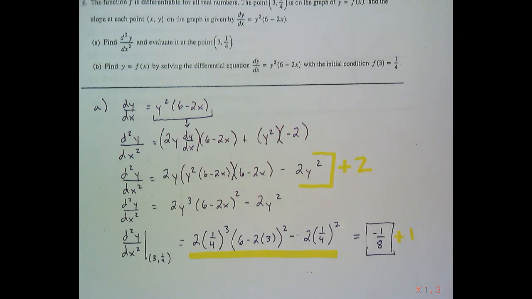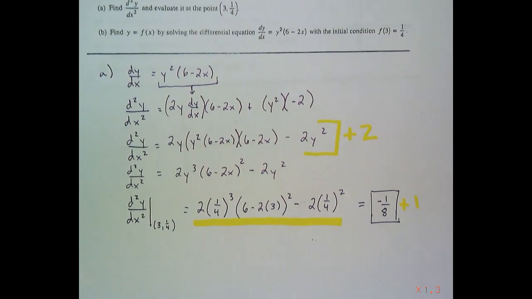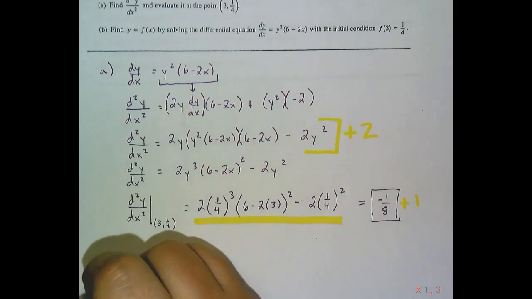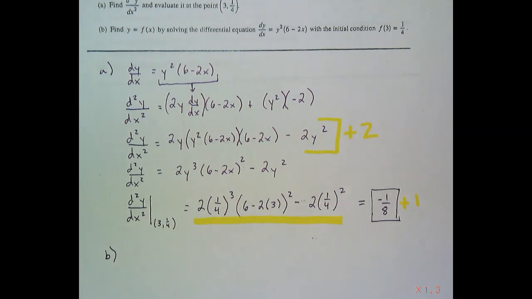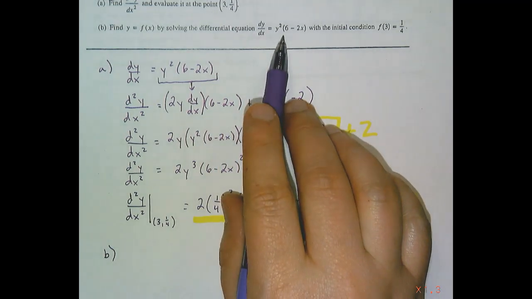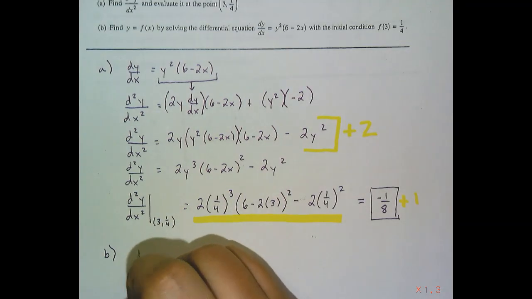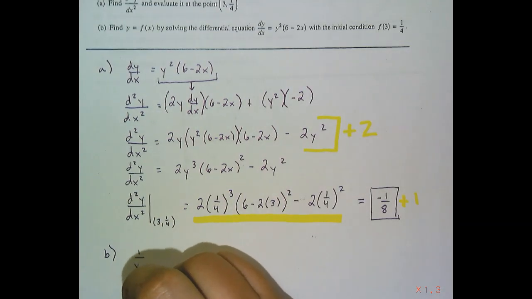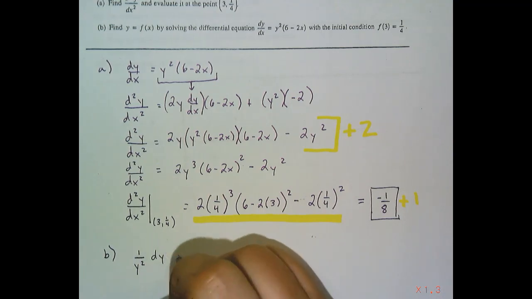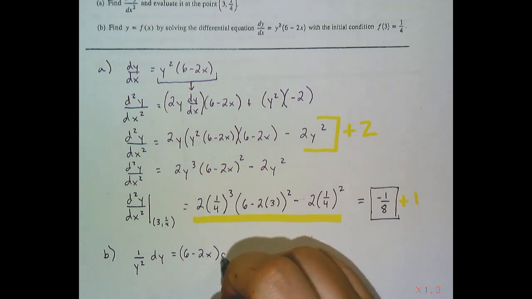All right, let's look at part B. Solve the differential equation. So this is more in line with one of the more common things that we do in the problem, where we're given a separable differential equation and we want to separate the variables and solve it. So the first step is we're going to divide y squared to the left-hand side and multiply 2x to the right-hand side.